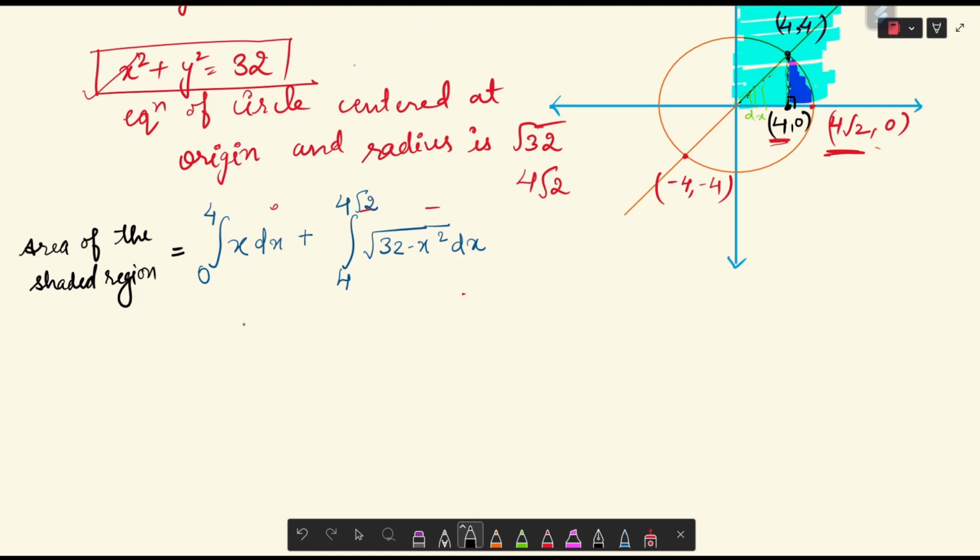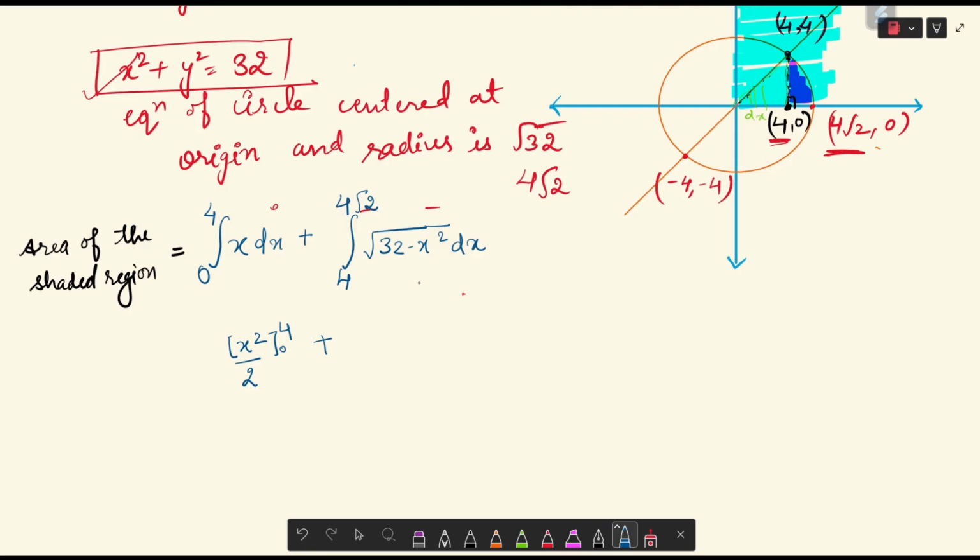So let us calculate. What is the integration of x? Integration of x is x square by 2, and our limit is 0 to 4, plus what is the integration of under root 32 minus x square.